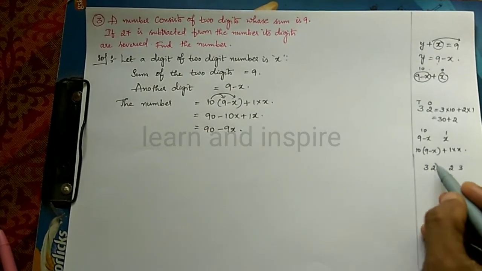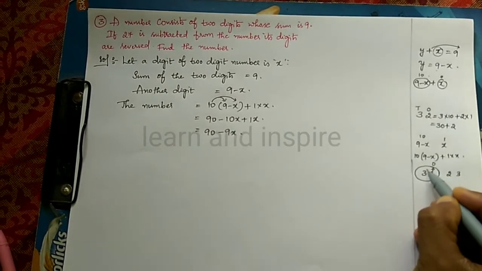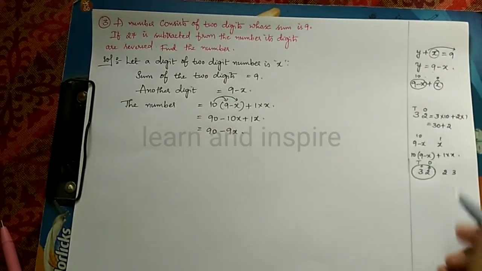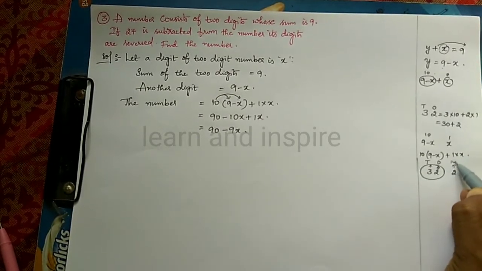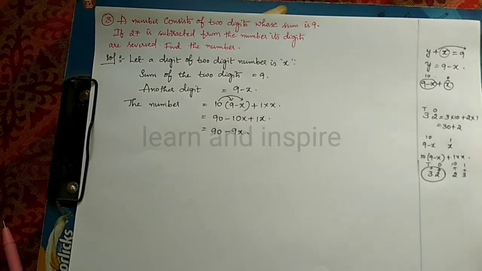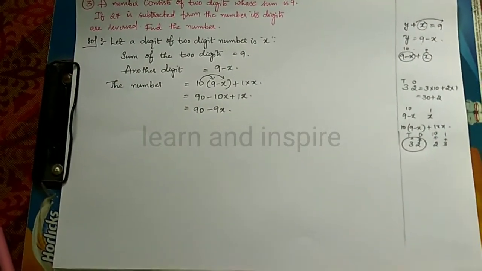That means in this 32, 2 is in ones place and 3 is in tens place. If the digits are reversed, that means 2 comes to tens place and 3 goes to ones place. That is the meaning of digits being reversed.